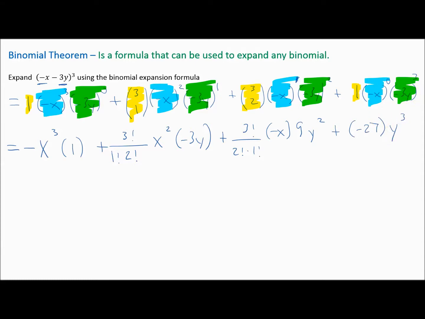Now we're closer. We just need to simplify a little more. First term, negative x to the third times 1 is negative x to the third. We need to calculate this coefficient, or you can think about it as Pascal's triangle. Remember, Pascal's triangle says 1 and then 1, 1, then 1, 2, 1. Now that's row 3, which applies to x squared, or 1, 3, 3, 1. This is the row that we need to be using.